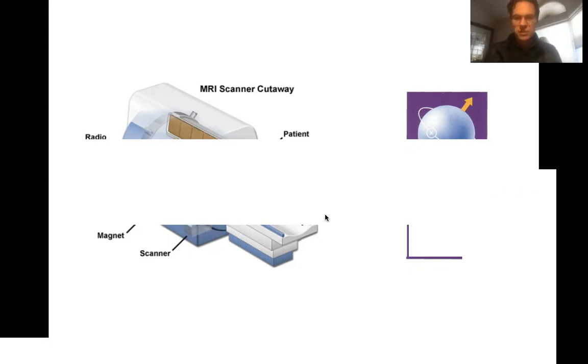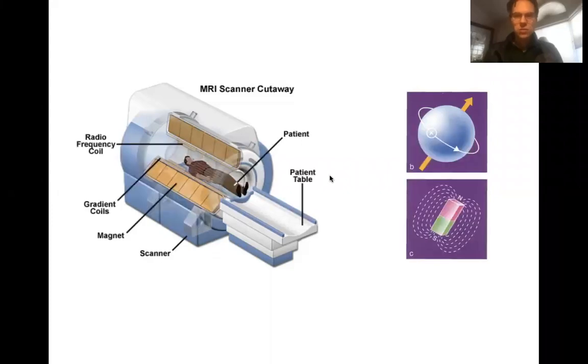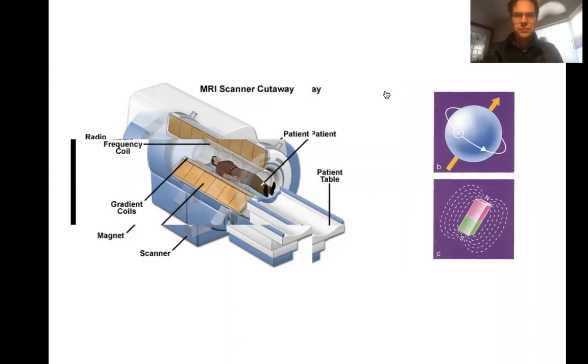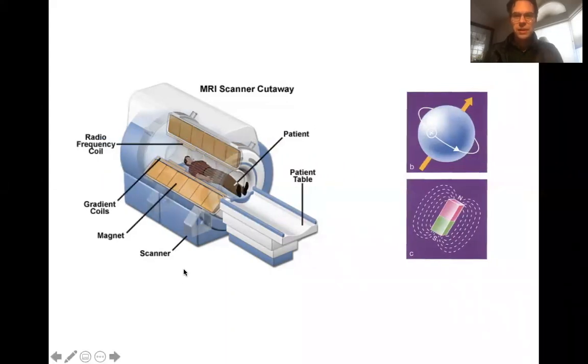Everyone can still see my screen share, yeah? Okay. It says from my perspective here, since I'm off screen looking at other materials too, that you can't see my screen.